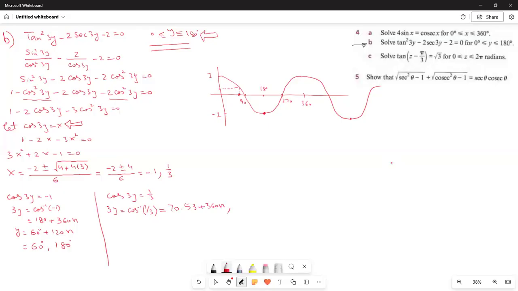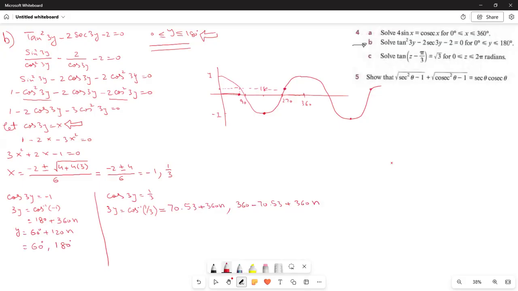And remember I have this answer as well, this one, right? It is the same distance from 0 to this angle and the same distance from 360 here. So I will write it as 360 minus 70.53. And now I have to add 360n in each one of them.